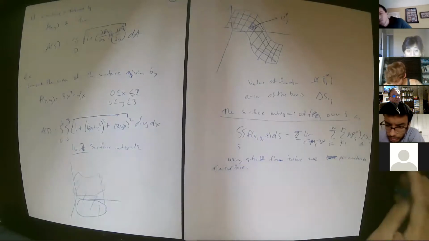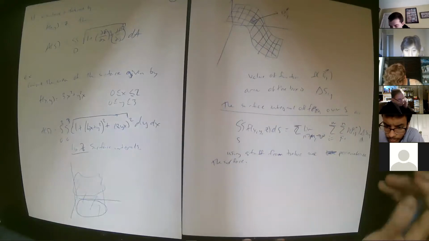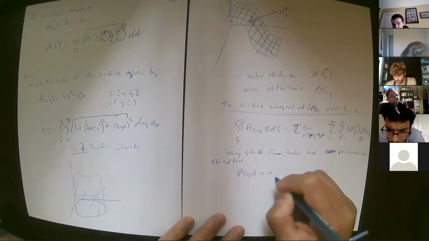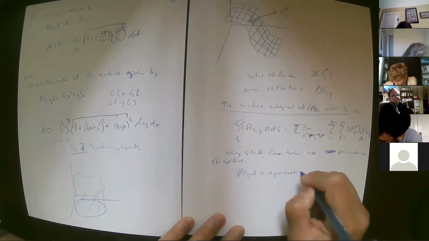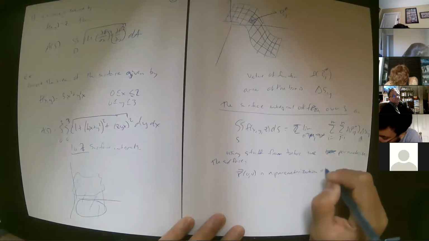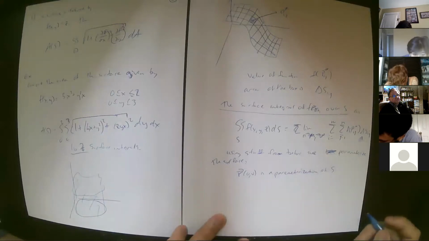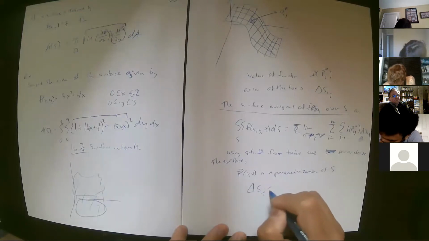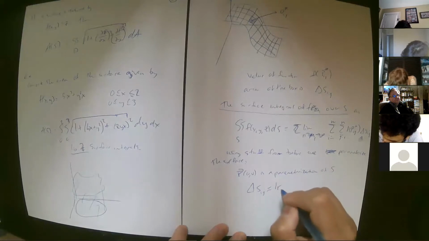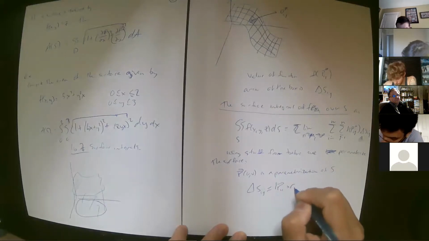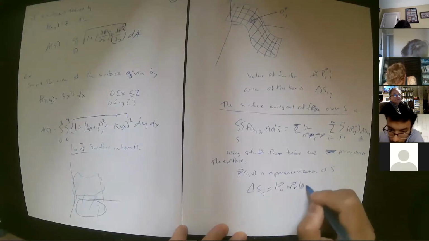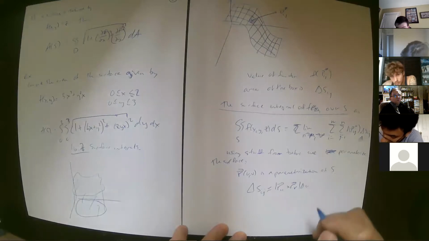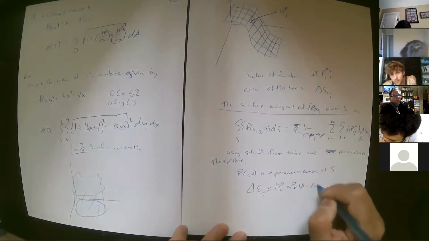So let's parameterize S. Let's say r of u, v is a parameterization of S. Then delta Sij is essentially equal to the magnitude of ru cross rv du dv.